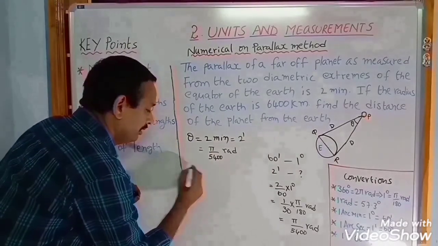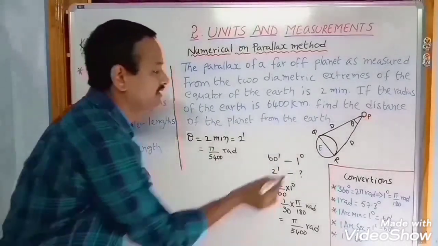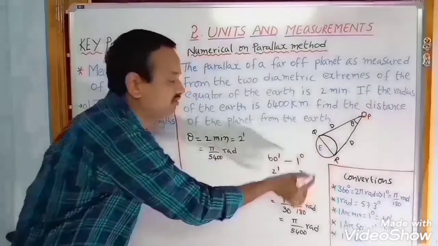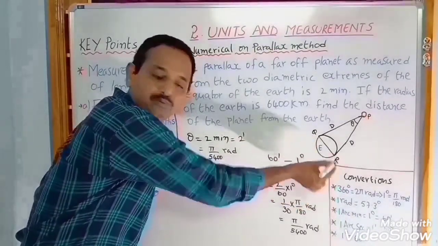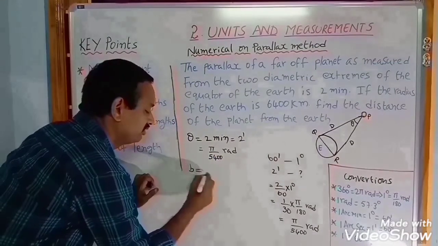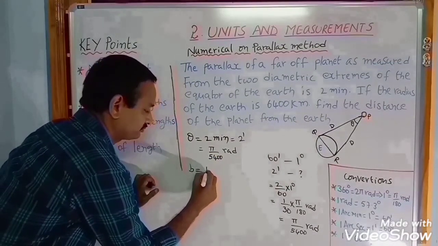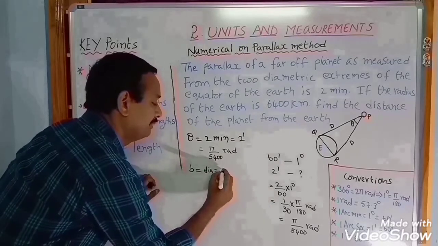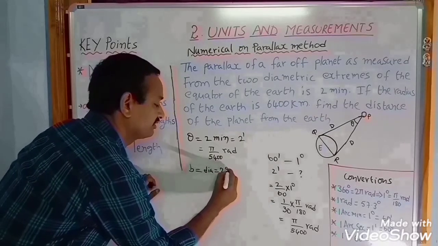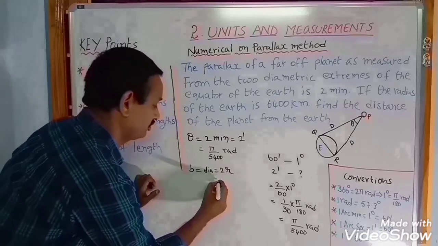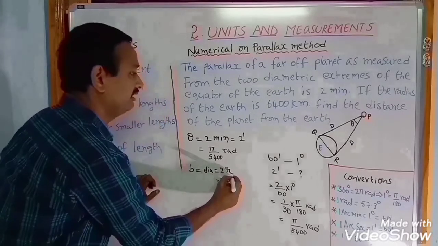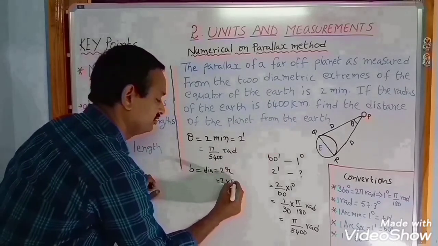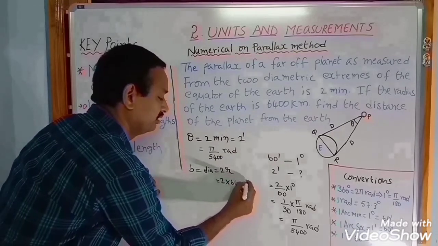So I can find the basis between these two positions. One is the left position, another one is the right position. So basis B equals diameter, and diameter means 2 times the radius. So 2 into radius, 6400 kilometer.